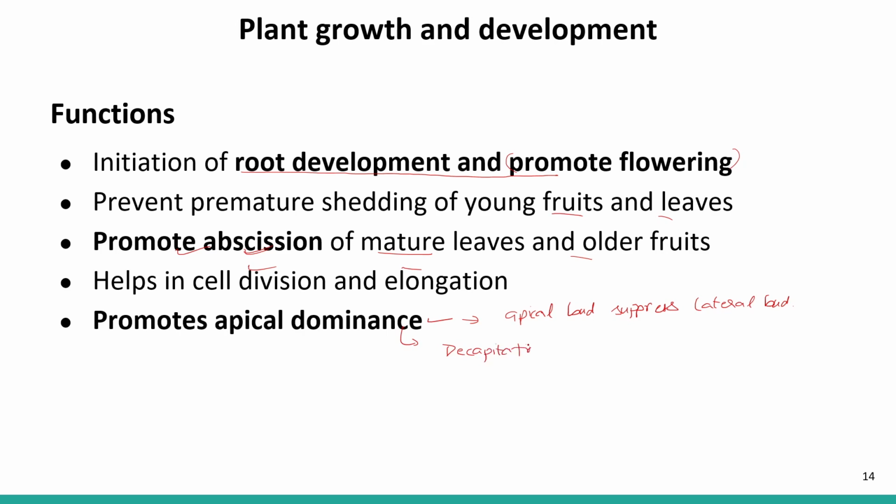What does decapitation mean? We remove the apical bud, which contains the auxin, and this promotes the lateral growth. So this is seen during tree plantation and hedge formation.